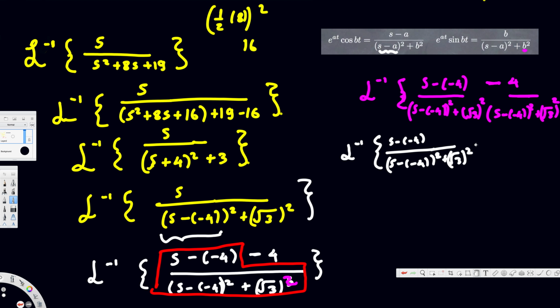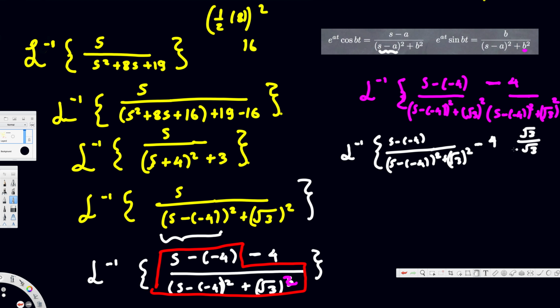right? And we are going to bring the negative 4 to the front because it doesn't matter, but we are going to put root 3 by root 3, right? This is like 1. So in that way we can bring this pattern, we'll bring this e power at sine bt pattern, but we have to have this top root 3 here, but we don't have to have the bottom denominator root 3. We have to get rid of that one.